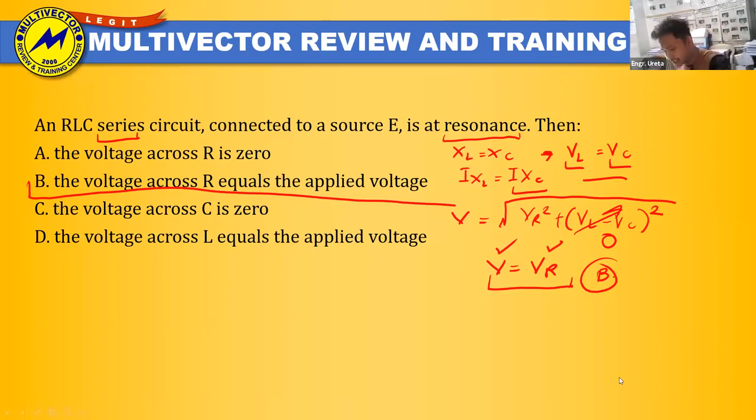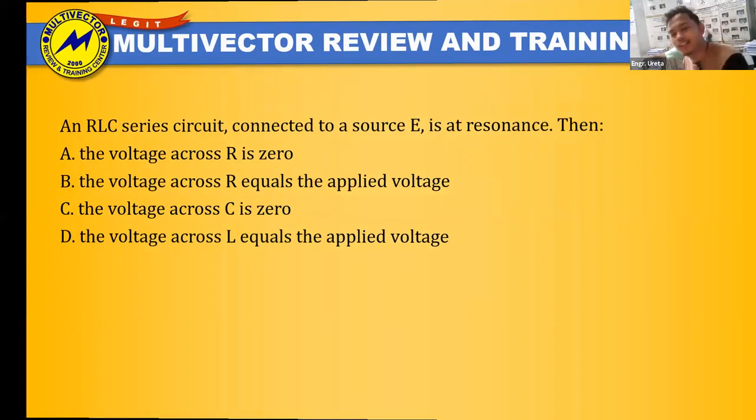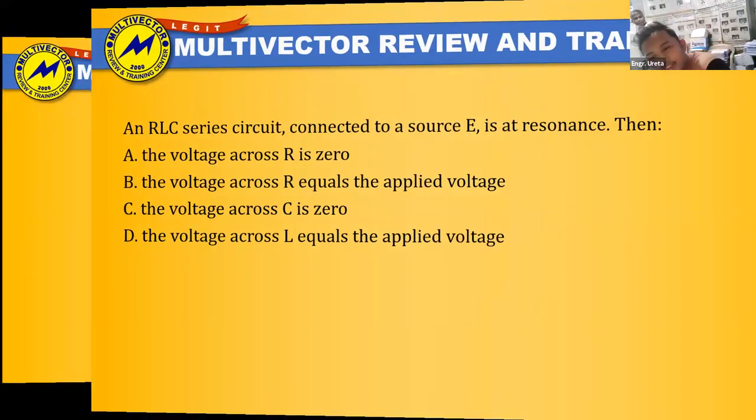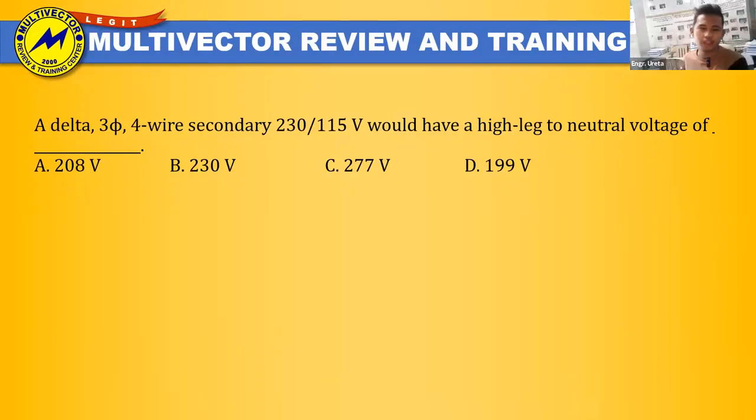Next question is 76. A delta 3-phase, 4-wire secondary, 230/115, would have a high leg to neutral voltage of blank. So delta 3-phase transformer.